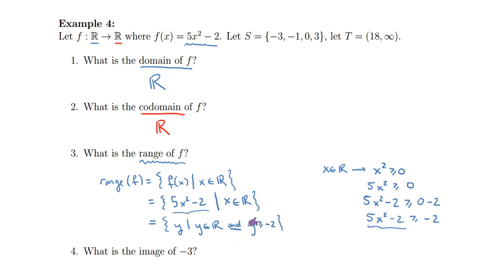Because look, I'm just saying that this expression, I solved it, it's greater than or equal to negative 2. You could write it in interval notation. Another way you could write that is negative 2 to infinity, and then use the square bracket to mean that you would include this. So you would want things that are greater than or equal to negative 2. Okay, well that's one way to describe the range.